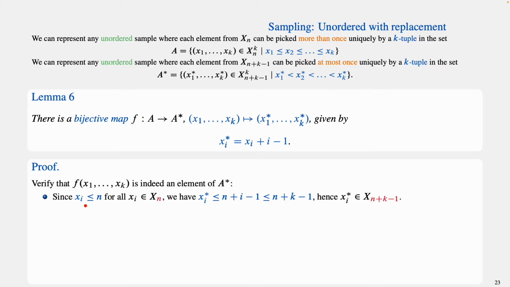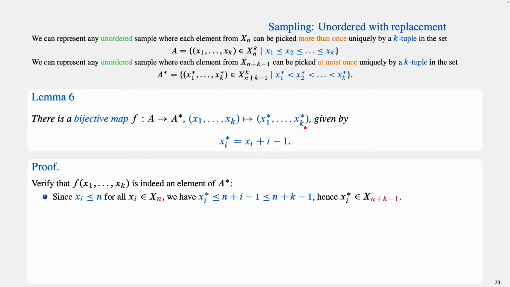Okay, so since xi is less or equal to n for all the xi's in the set X_n, we have that xi star, defined by this, is less or equal to n plus i minus 1, because if it's defined like this, the first part is less or equal to n. So xi star is less or equal n plus i minus 1.